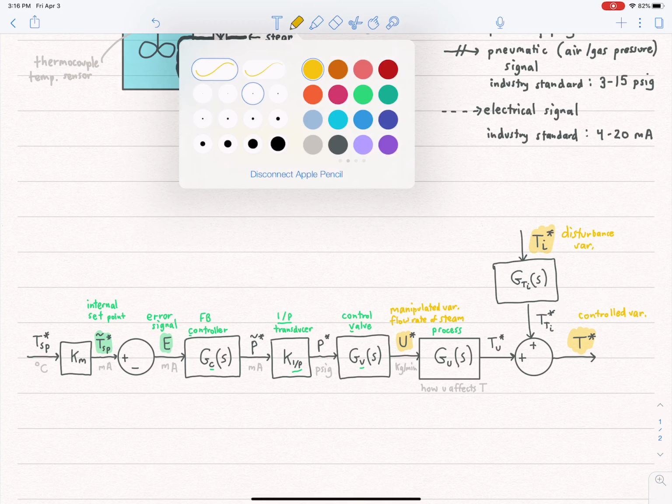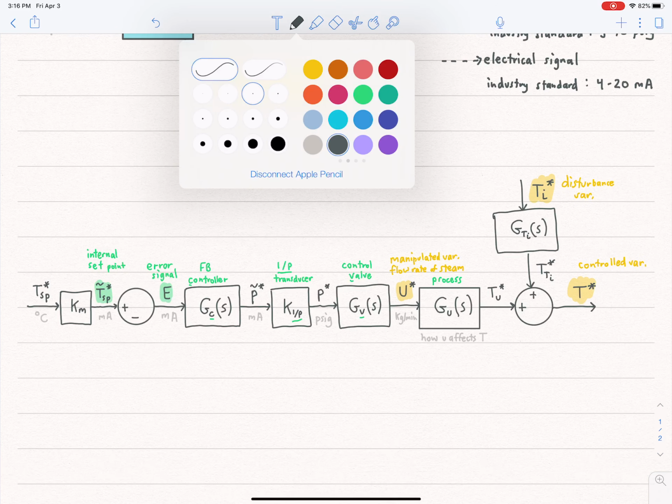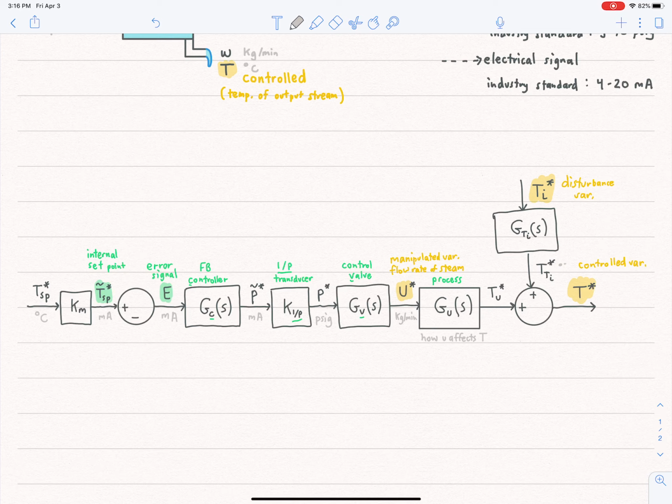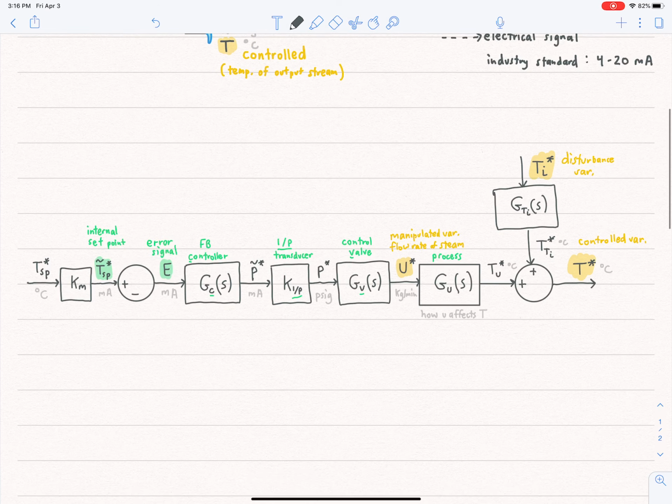All right. So the feedback loop, though, is, let me decorate these with the units. This is degree C, and this will be in degree C as well. And in a feedback control scheme, remember, we measure the temperature. So let's measure the temperature right here, right? So this is actually fed to a sensor, right?